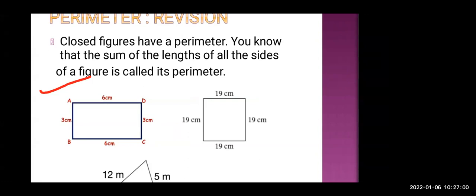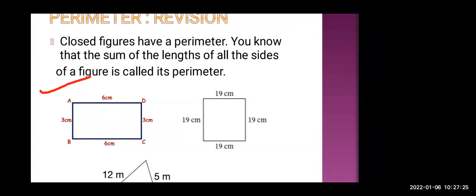A, B, C, D. See, some figures are given names, some figures are not. The figures which are given names, we have to write it down. Perimeter of A, B, C, D, or if it is not given a name, we will write perimeter of that figure. So here in this first figure, it is given the name A, B, C, D.